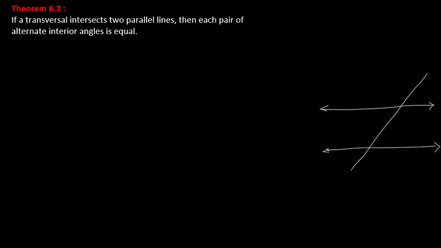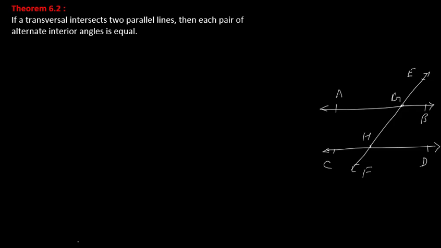I will name them A, B, and C, D. You can name as you wish. Let us name the transversal EF, and it cuts these two parallel lines at points G and H.